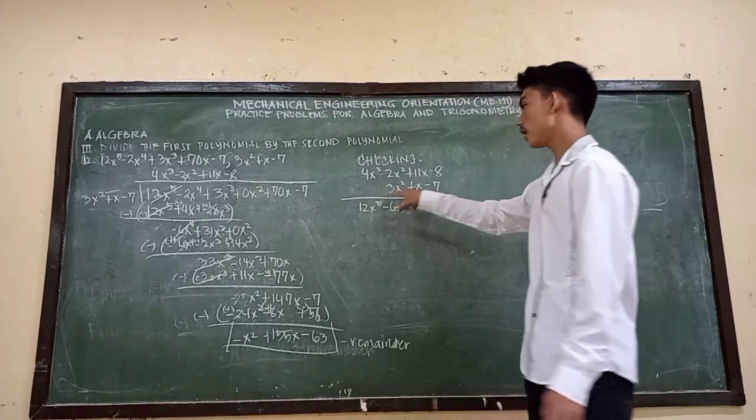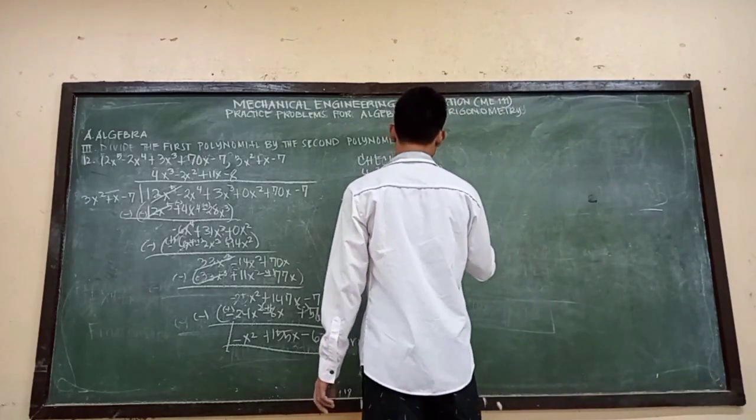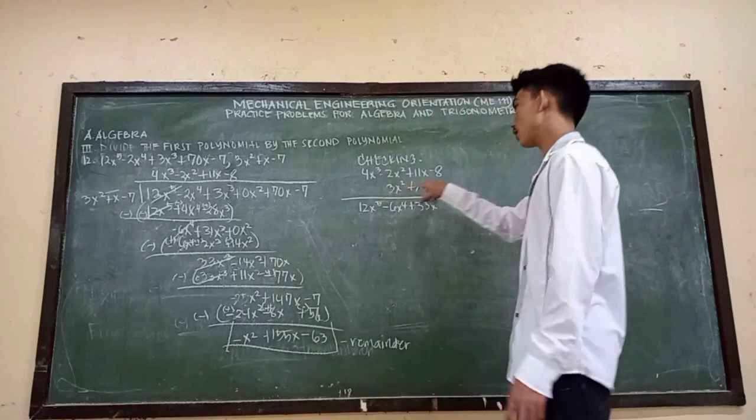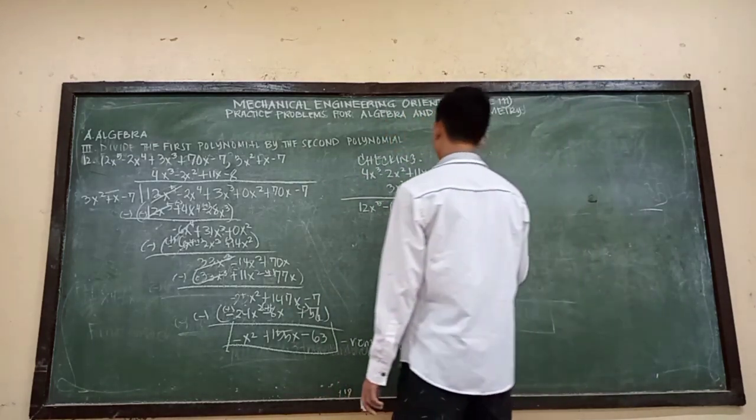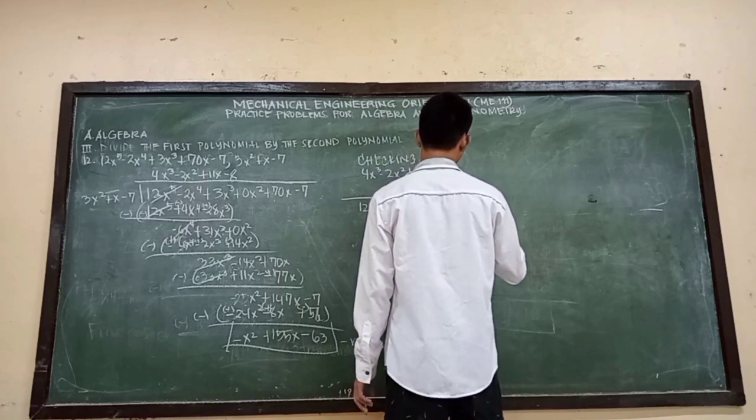And then 3x squared times 11x will give us positive 33x cubed. And then 3x squared times negative 8 will give us negative 24x squared.